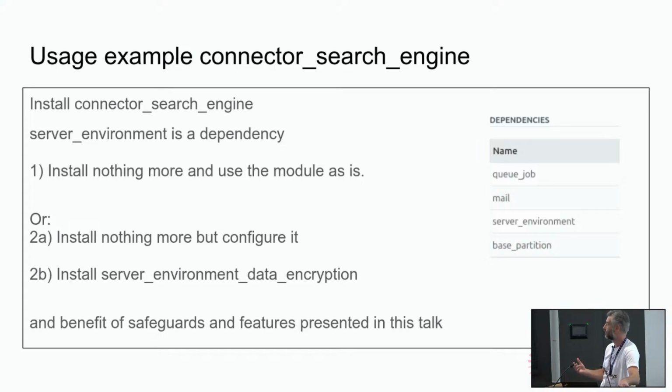The important thing is that sometimes you install a module which depends on server environment, but it's not mandatory to configure it, you just will not benefit from it. So it's okay if it's a dependency you don't want to use. Or you can configure it, or you can install another, this little guy, an additional one, and benefit from the safeguard and features presented just before.